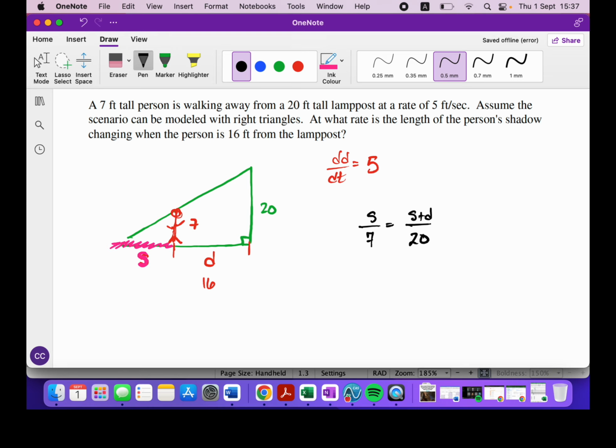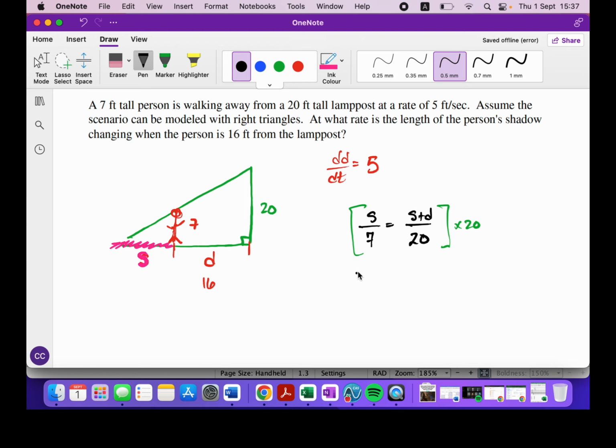Now, what I would really like to have is all of my S's and D's on one side. So I'm going to go ahead and multiply both sides by 20.